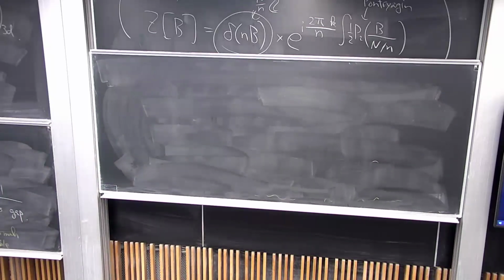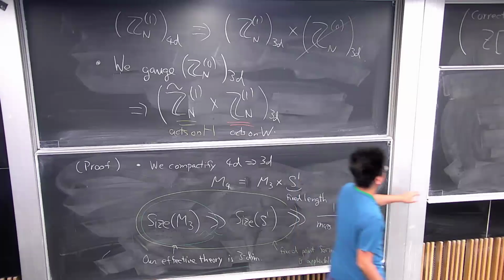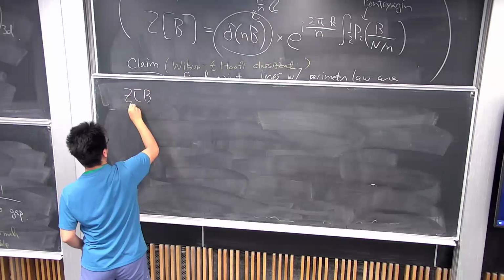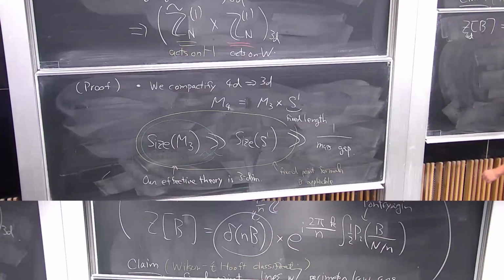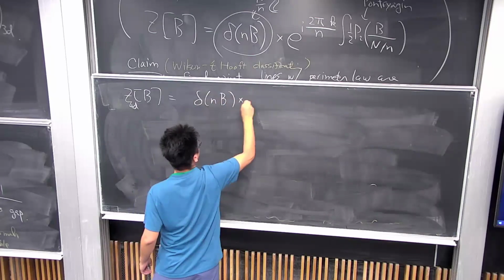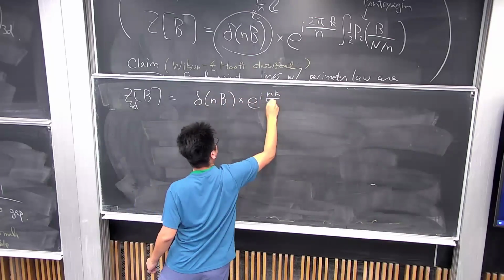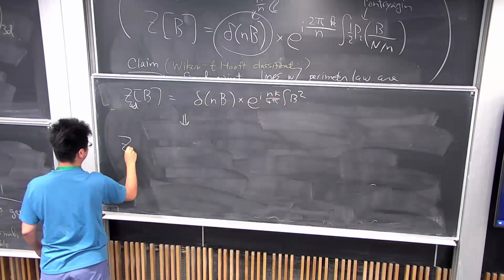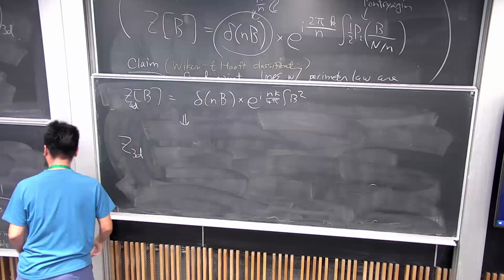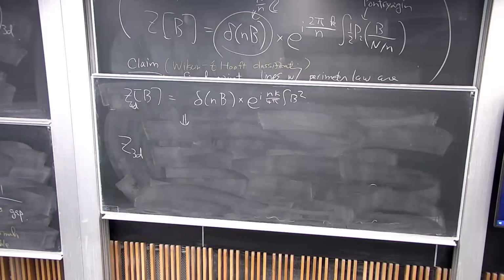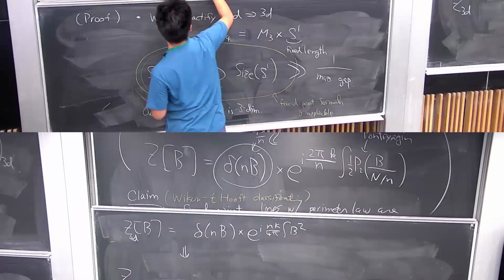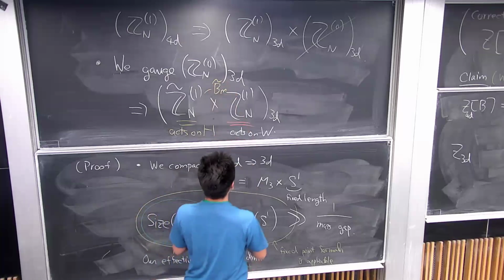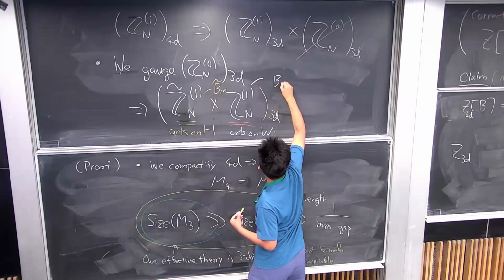So let's compute this 3D partition function. The original 4D one is given by this. And from this, we would like to derive the 3D partition function for, let's say, this one, where B is the magnetic background field. Let's see. This is B electric.